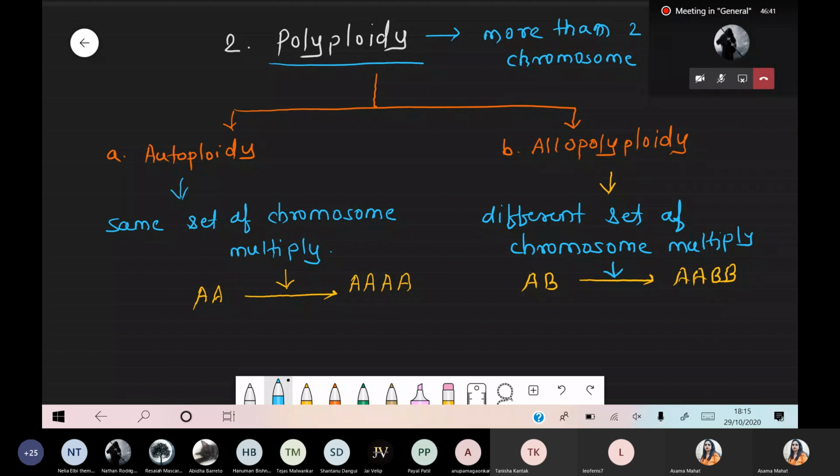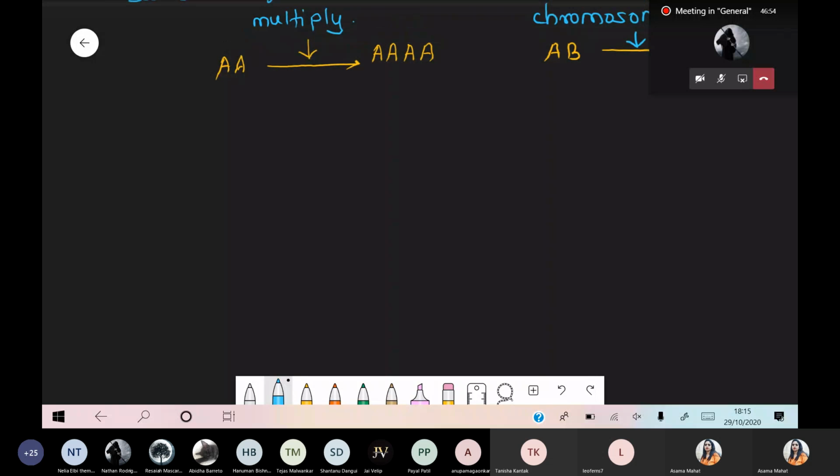Should I continue further with polyploidy? Okay, Deepika. Yeah. So next part we are talking about, write down. To explain polyploidy, we are simply taking an example with respect to natural polyploidy. So first of all we are talking about example of natural polyploidy.